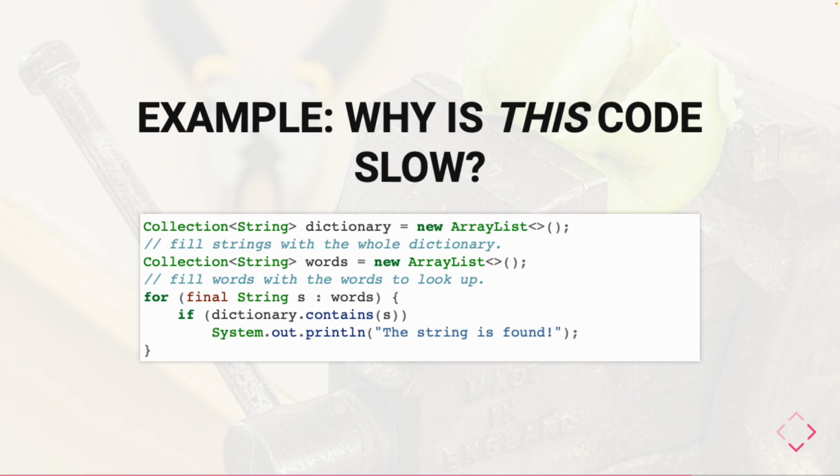But how do you actually fix it? In our case, the best strategy is to be smarter about the data structures we're using. A much better data structure for this problem would be a hash table, because hash tables have constant time lookup.